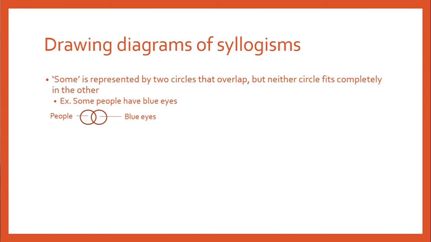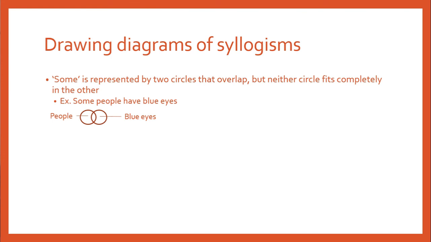They do have to touch, but one can't fit all the way inside another one. For example, if you had the people circle all the way in the blue eyes circle, what that would actually mean is all people have blue eyes. And if you did it the other way, where the blue eyes circle is completely inside the people circle, that would mean all things with blue eyes are people.